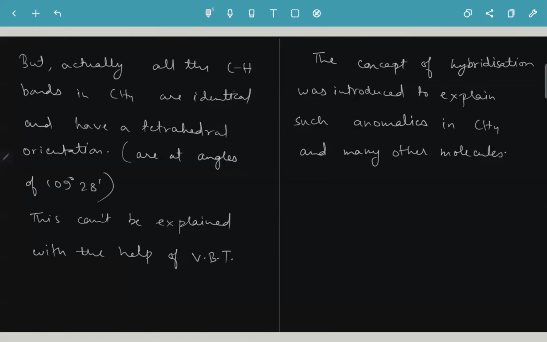Not only in CH4, there are many other molecules in which VBT fails to explain the structure completely. In such molecules, we need a new concept, which was used to explain these anomalies and the shapes of polyatomic molecules such as CH4.